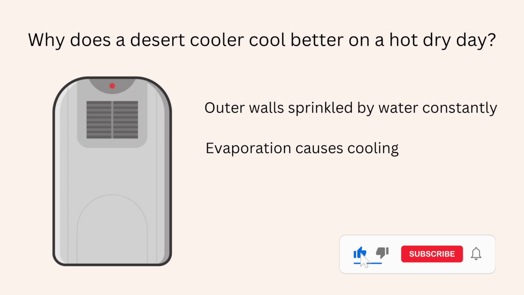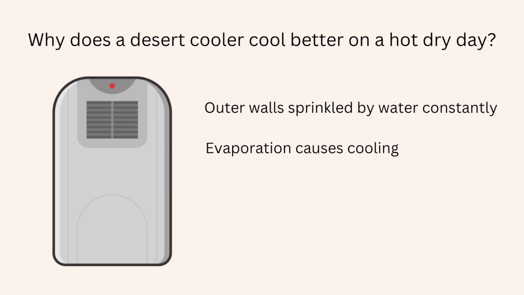Since evaporation causes cooling, the chamber inside this desert cooler gets cooled because evaporation happens outside. This cold air is pushed towards you using a fan. So this is how desert coolers basically work. By sprinkling water on the surface walls, it gets evaporated, which causes a cooling sensation, and that is pushed towards you using a fan.